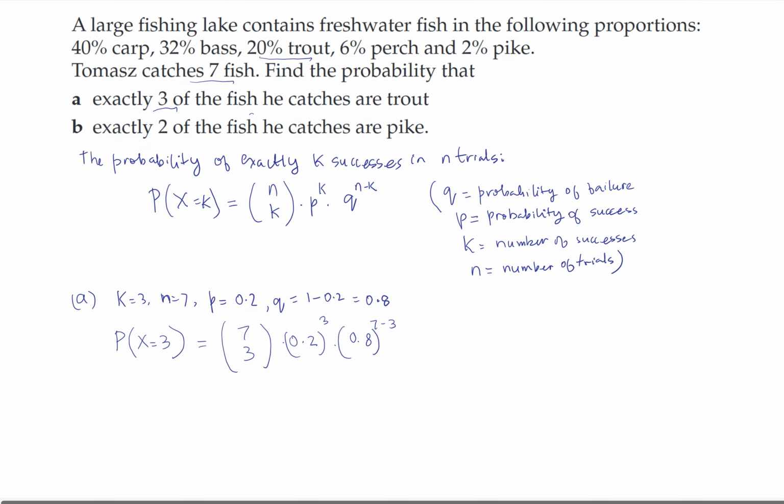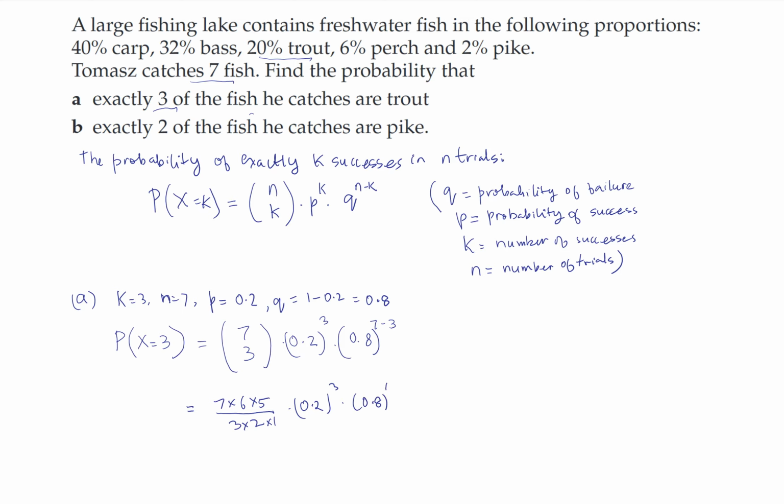So here that is equal to, I can write this as 7C3, so 7 times 6 times 5 divided by 3 times 2 times 1, and then multiplied by 0.2 cubed times 0.8 to the power 4.